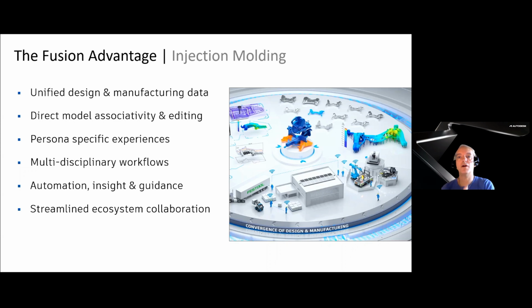The simulation can be run, and the design can continue to be worked on and updated. Once that update gets submitted, you don't have to start the whole simulation from the ground up. You can just rerun the analysis with an updated model, and so there's a lot more efficiency in this.